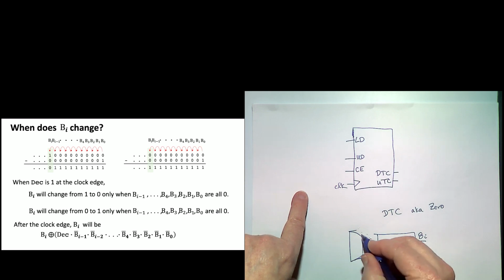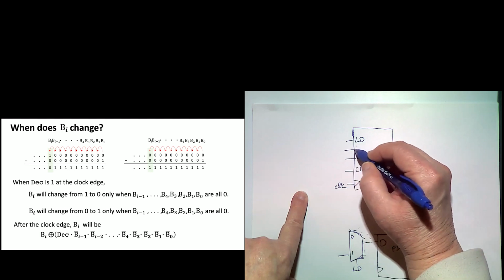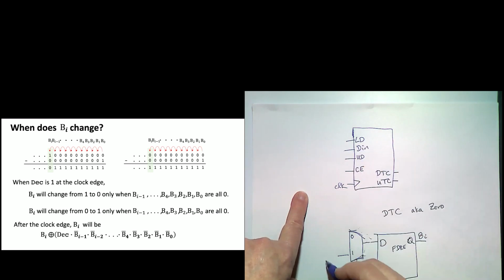Okay, that's better. When the load is high, you're going to want to choose the appropriate bit, so this is BI.